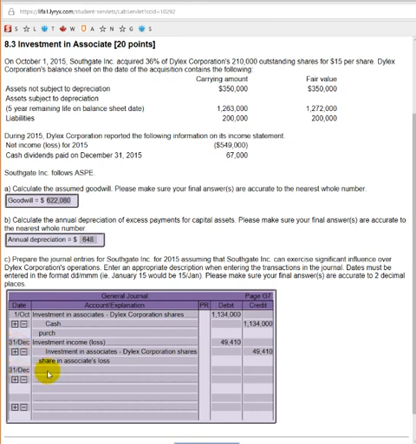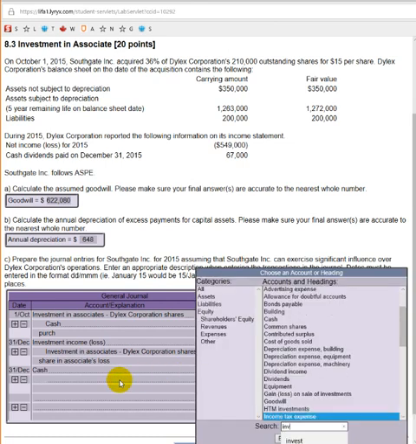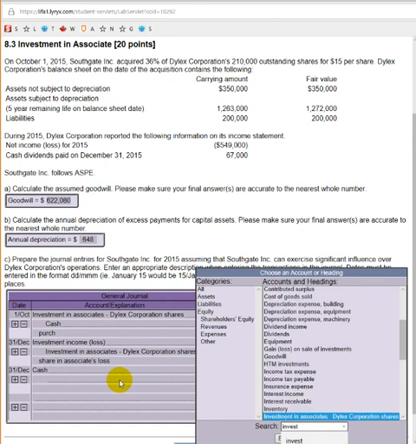Well, we got some money. So it's always good to get cash. We got some cash. How much cash? We got 36% of their dividend, which they paid on December 31st, of $67,000. So that's how much cash. And that decreases our investment in the associates.